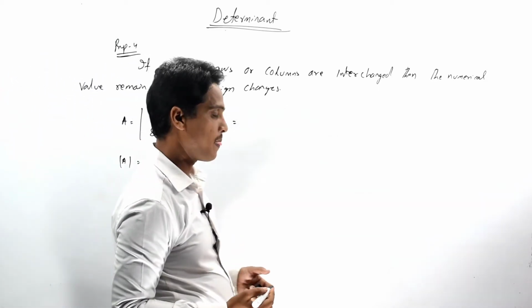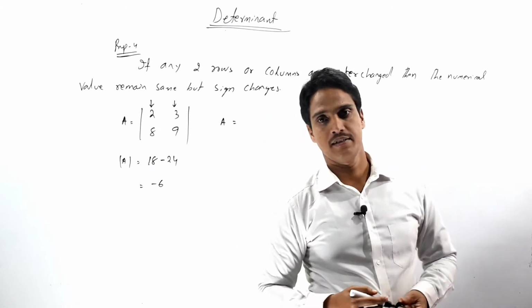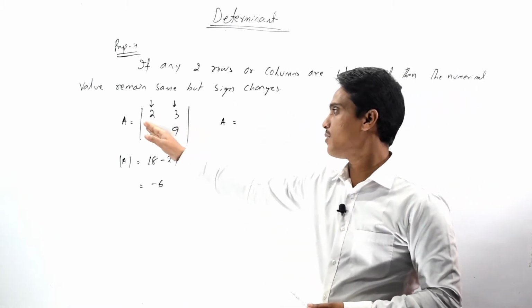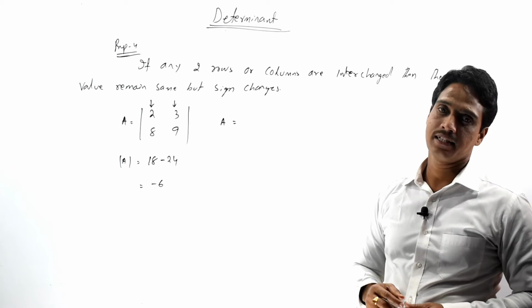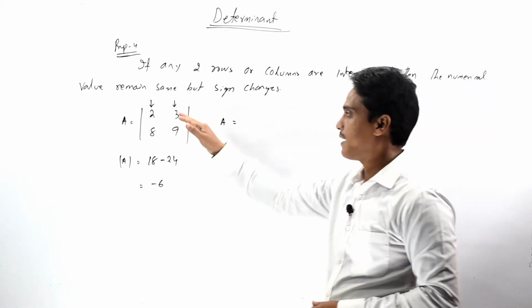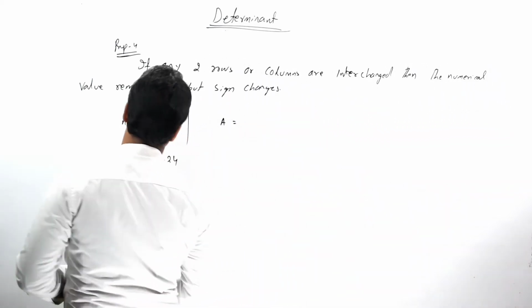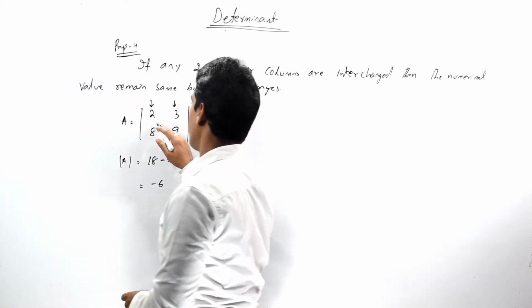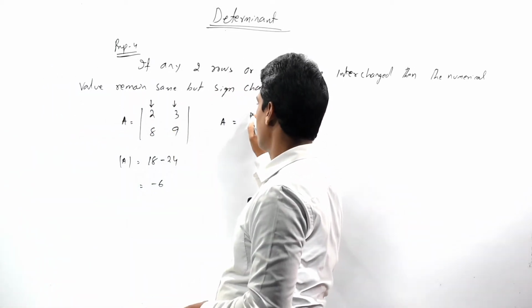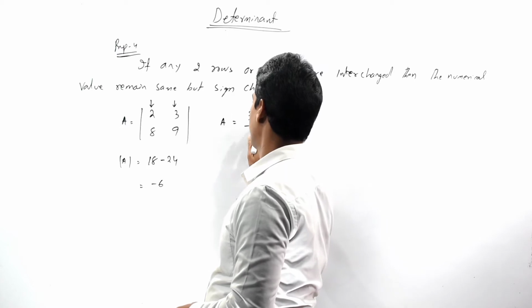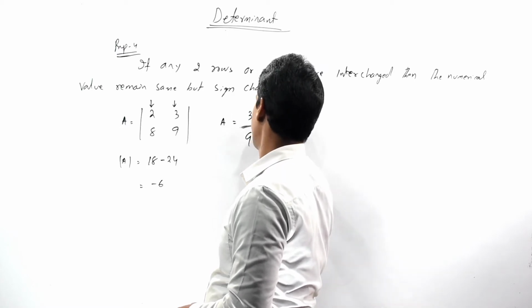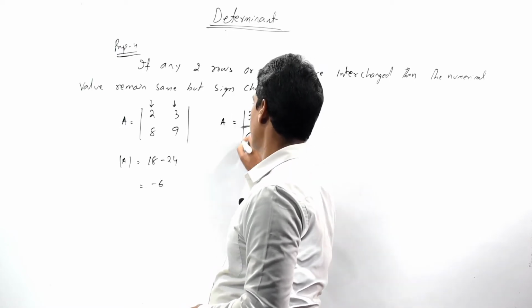In our new determinant, our first column should be taken as second column and second column should be taken as first column. That means the value of the determinant is 3, 9, 2, 8.